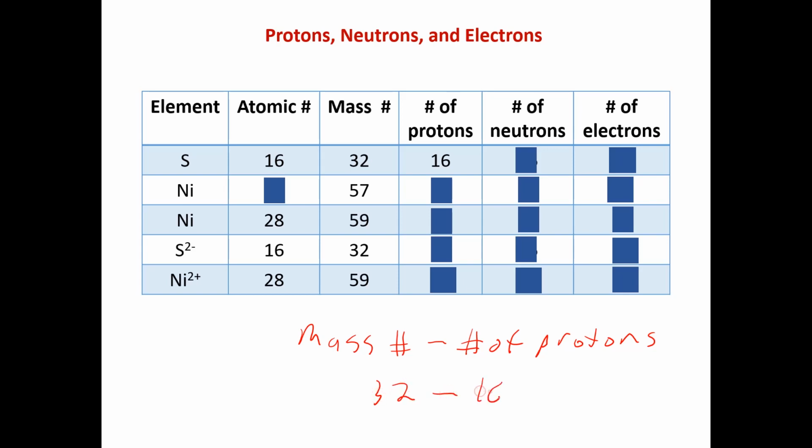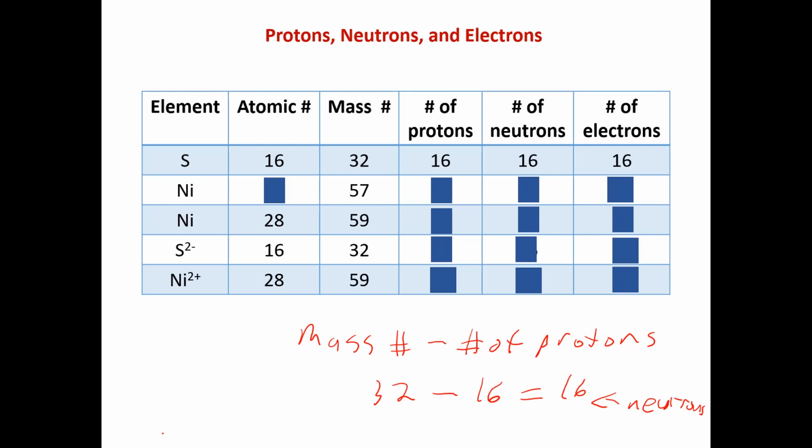We subtract 16. That equals 16, which is our number of neutrons. And since this atom is neutral, the number of electrons, which are our negative particles, has to equal our number of protons. So if we have 16 protons, we have to have 16 electrons.